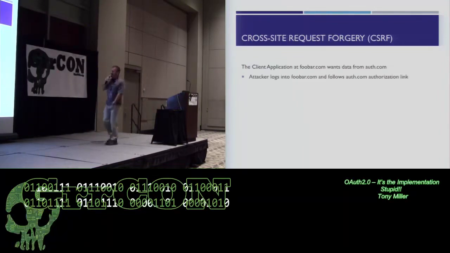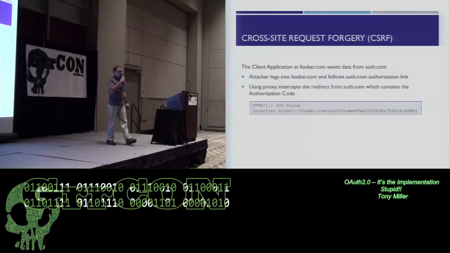If I'm an attacker, the first thing I'm going to do is log into my own foobar account, and I'm going to go through and click the link that takes me to that authorization link for auth.com. Using my favorite little proxy, probably Burp Suite, like most of us, I'm going to grab a hold of that, intercept that response that comes back from auth.com, which includes my authorization code.